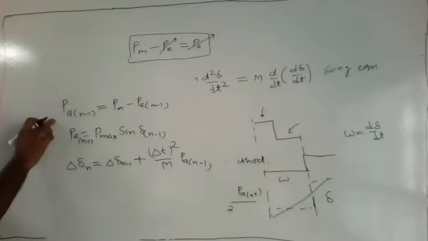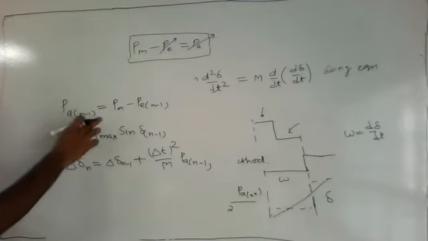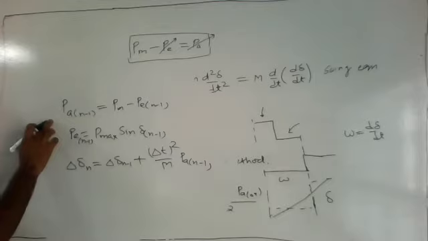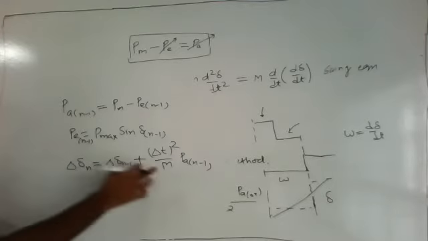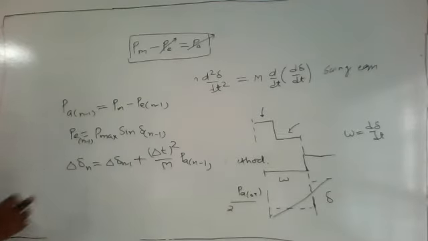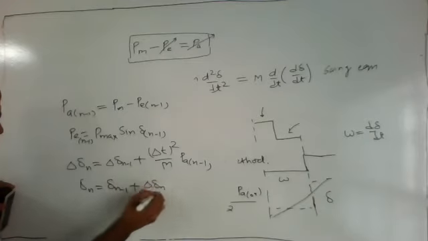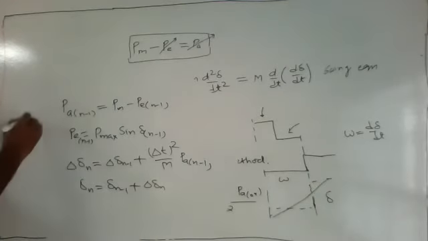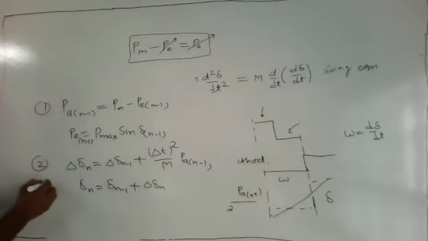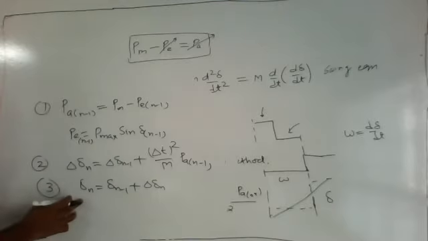This PA n minus 1 value we have computed by the previous expression; put it here and we get delta delta n. So what is delta n at any step? It is the previous step plus the change, delta delta n. First compute this value, then put it here. This is your first step, this is the second step, and this is the third step. In the third step you get delta n, and this process continues.